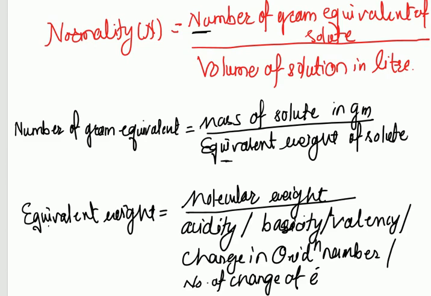The next way to express the concentration is parts per million, in short called ppm.